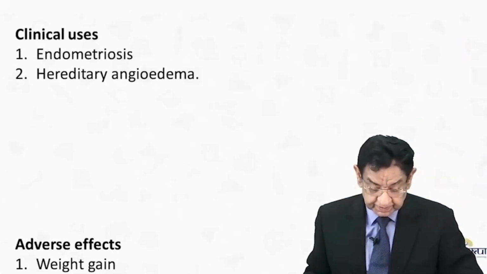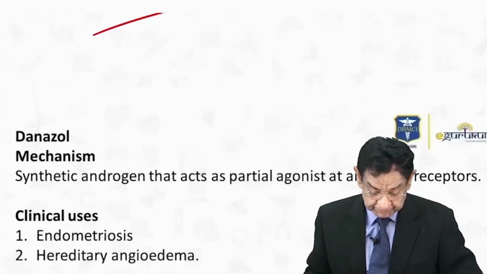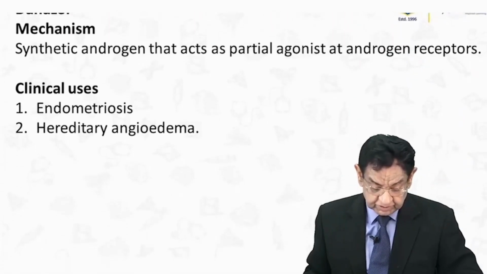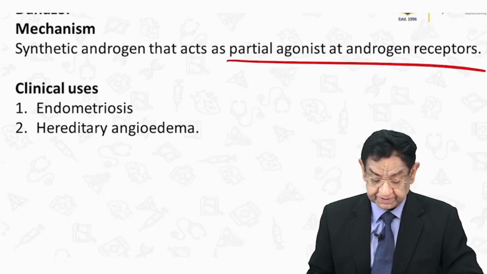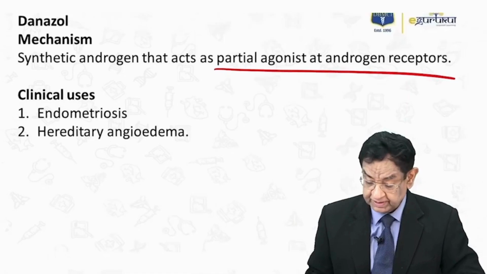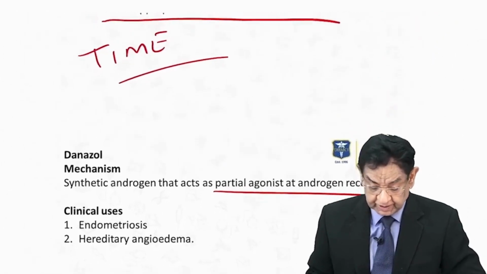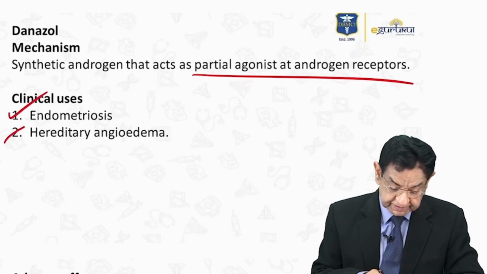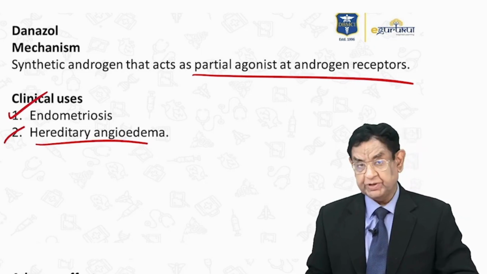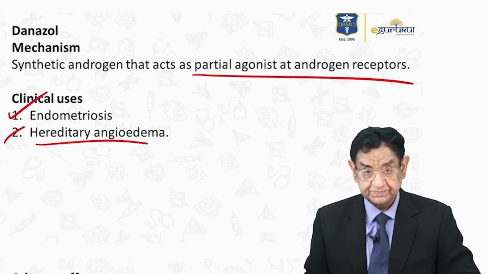After that, we talk about danazol. It is a partial agonist to the androgen receptor. It's a synthetic compound. We use it in endometriosis and in hereditary angioedema.